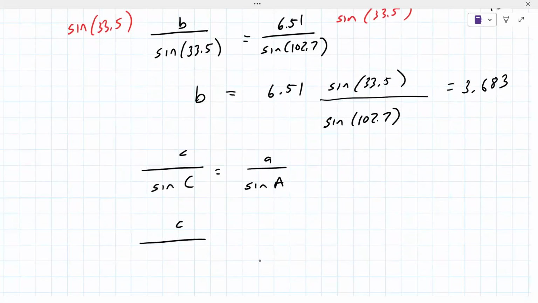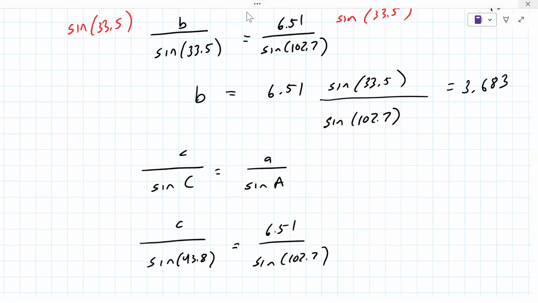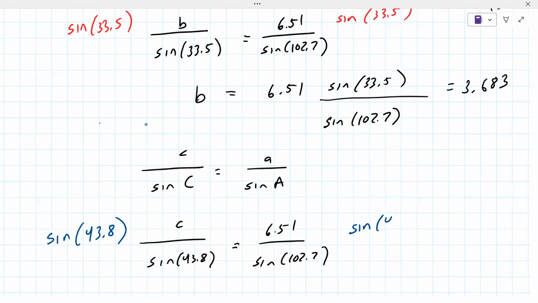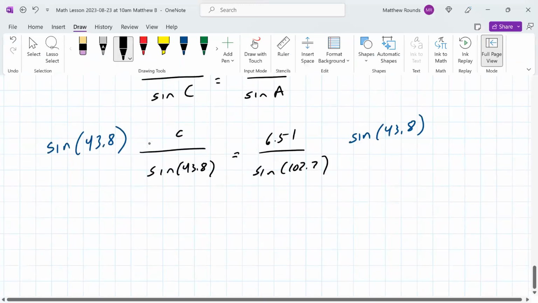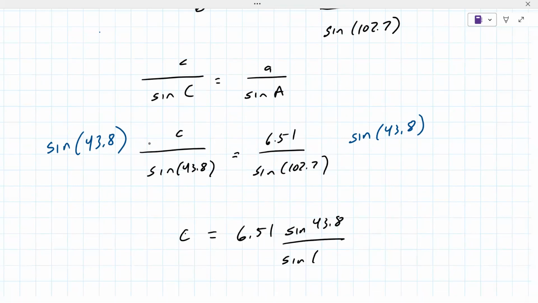So it's C over sine 43.8 equals 6.51 over sine 102.7. Then you solve for C the same way, and you end up getting C equals 6.51 sine 43.8 over sine 102.7.